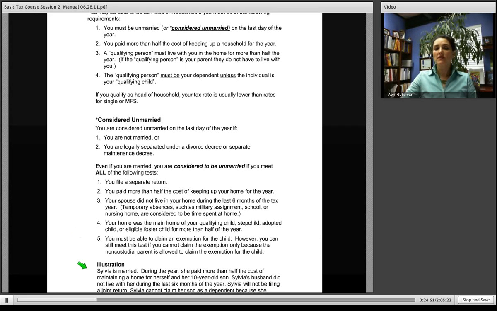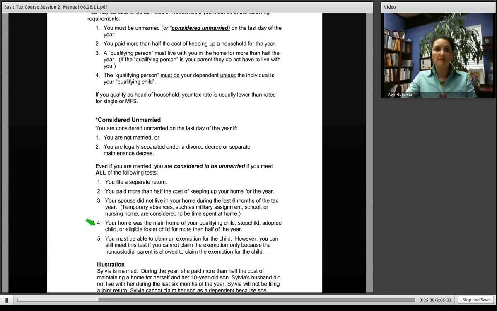So let's review these rules again. To be head of household, you have to be unmarried or considered unmarried. You're considered unmarried if you are not married or if you are divorced on the last day of the year. Now, even if you are married on the last day of the year, the IRS will still treat you as if you were unmarried if you file separately from your spouse, you pay over half the cost of keeping up your home, your spouse did not live with you at any time during the last 6 months of the year, the person who is qualifying you for head of household status is your child, not any other type of relative other than a descendant of your child or a foster child or a stepchild, right?